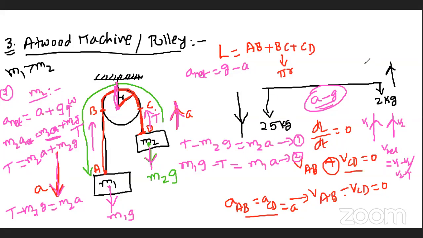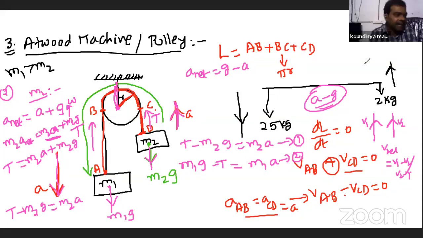See, in the very first chapter in your NCERT textbook or in your board textbook, we have a chapter called Physical World. That chapter explains what phenomena or quantities we are using in our daily life.